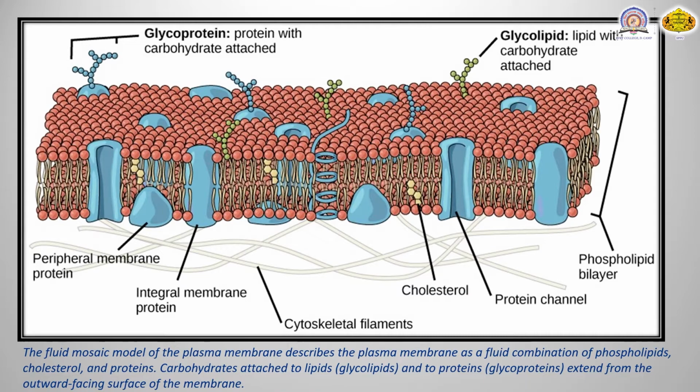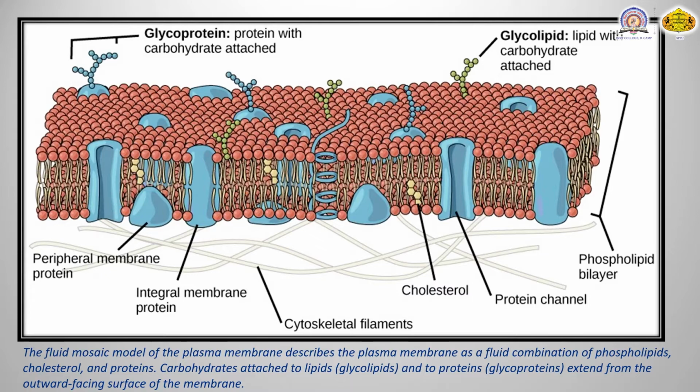Then you can see a protein channel. The protein channel is used when there is a facilitated type of diffusion. Facilitated means we are using some molecule to facilitate a diffusion mechanism, in which various molecules are used for the transportation of substances.